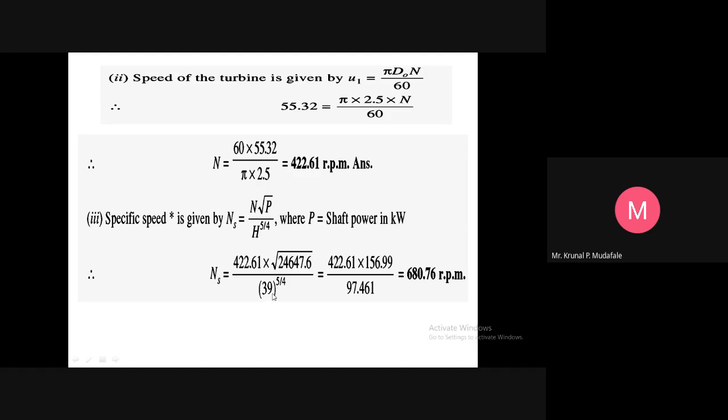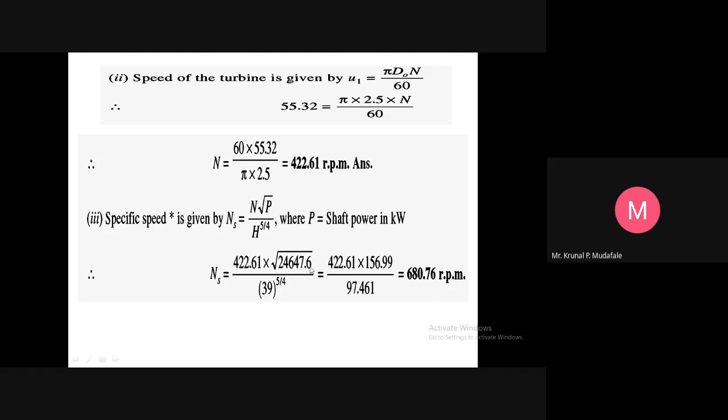Head is 39 meter to the power 5 by 4, and N you already calculated in terms of the speed of the turbine, that is 422.61. So put this speed 422.61 multiplied by under root of 24,647.6 divided by H, 39 to the power 5 by 4. You will get the specific speed of the turbine in terms of rpm.